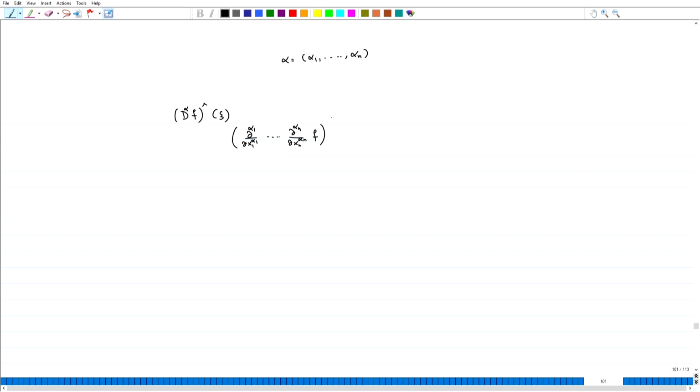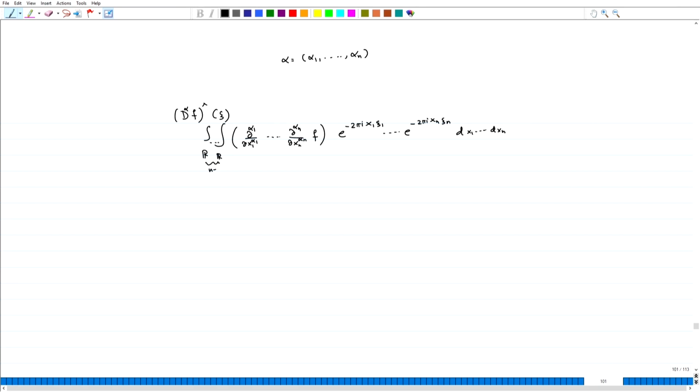This Fourier transform means this is the integral over R^n, n copies, of e to the power minus 2 pi i x_1 xi_1, e to the power minus 2 pi i x_n xi_n, and then dx_1 to dx_n. Now, f is in the Schwarz space.